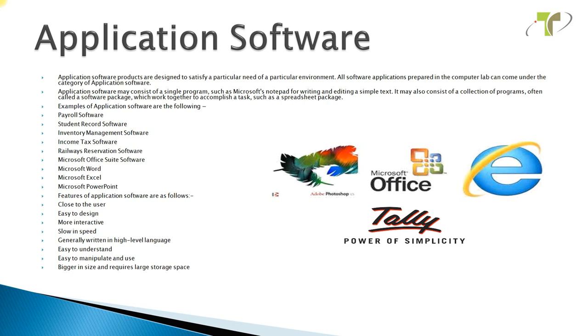Examples: MS Office, Photoshop, editing software, Tally financial accounting software. These are all your application software. All software applications prepared in a computer lab come under the category of applications. Some examples are payroll software, student record software, inventory management software, income tax software.